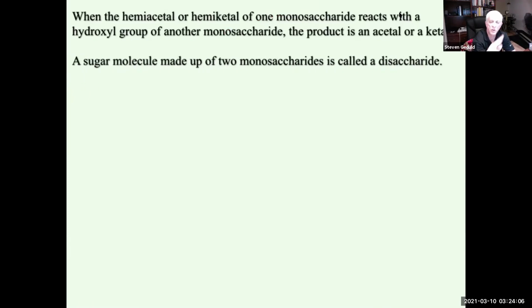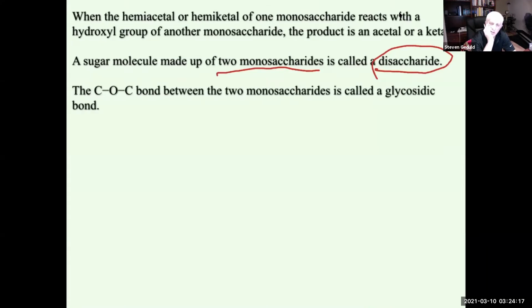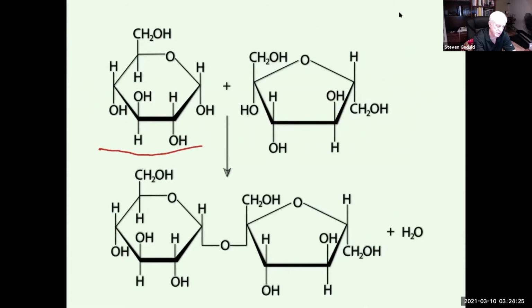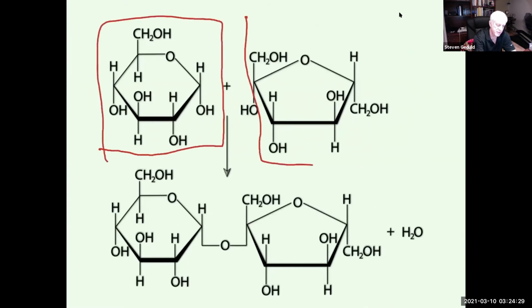So a sugar molecule is two monosaccharides combined, and it's called a disaccharide when two monosaccharides come together. The carbon-oxygen-carbon bond between the two monosaccharides is what's called a glycosidic bond. So here's your two separate ones. This is one here, and this is the other.